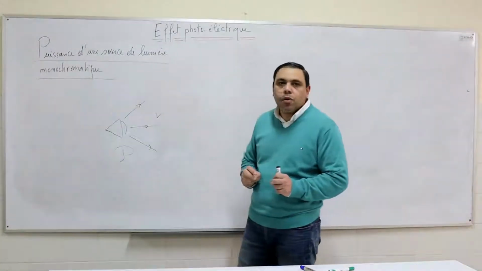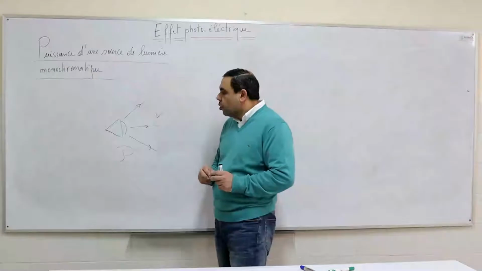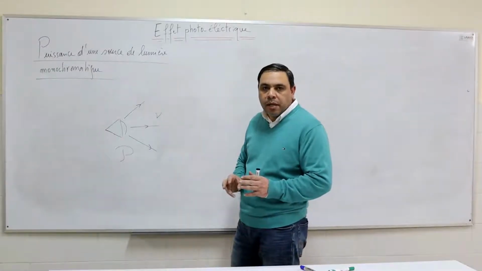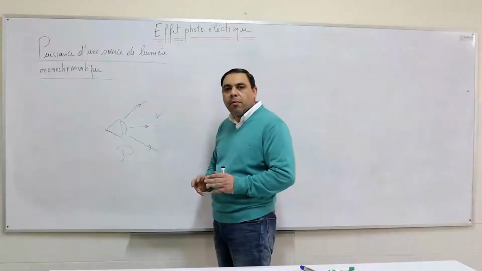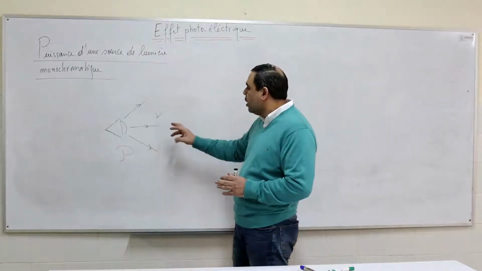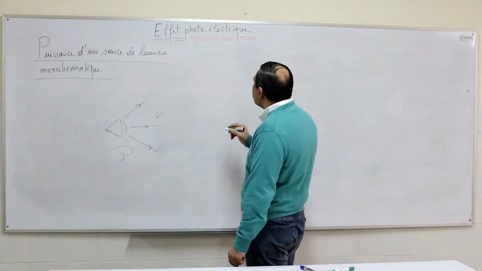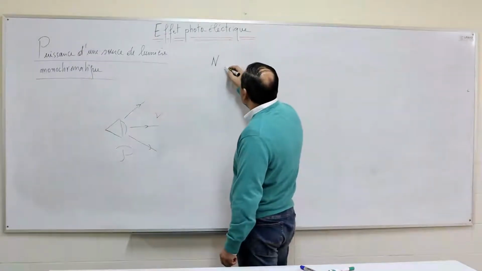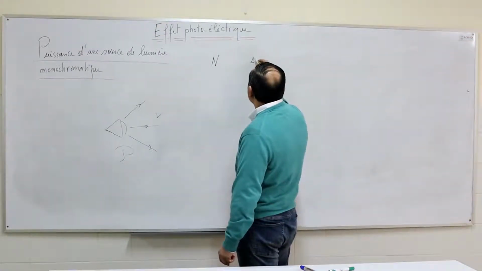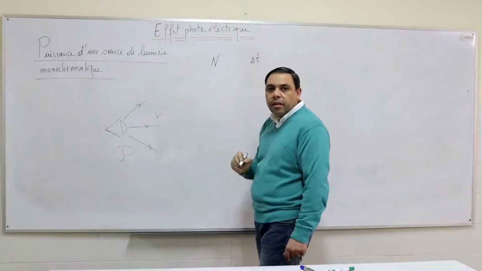Now we're going to explain the power of a monochromatic light source. So consider a light source that emits uniformly electromagnetic radiations of frequency nu. For example, the source emits n photons in a duration delta t.